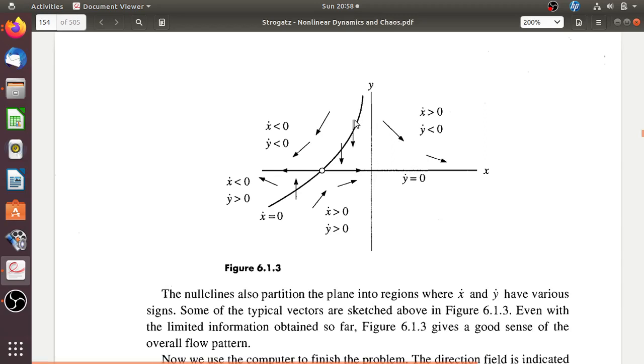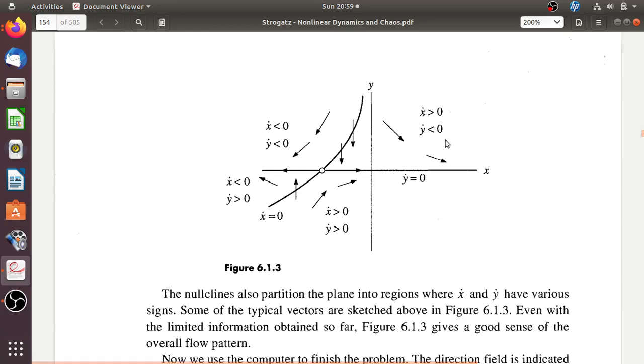Here x dot is 0, and what about here? Here x dot is positive and y dot is negative. How do we know that? All we have to do is choose some point in this region, and that will provide you this information.